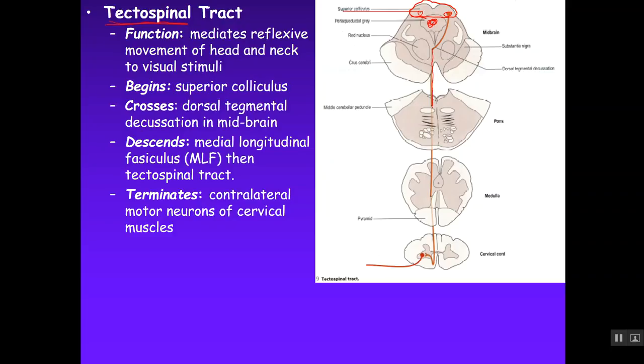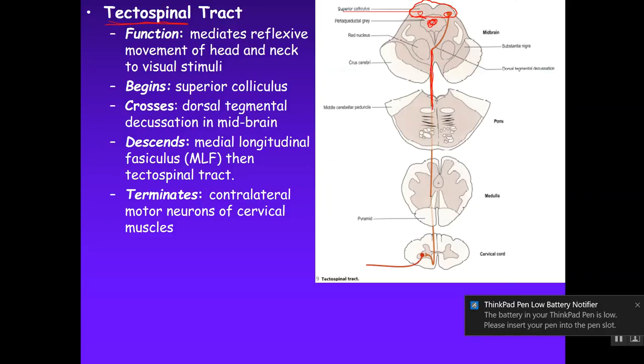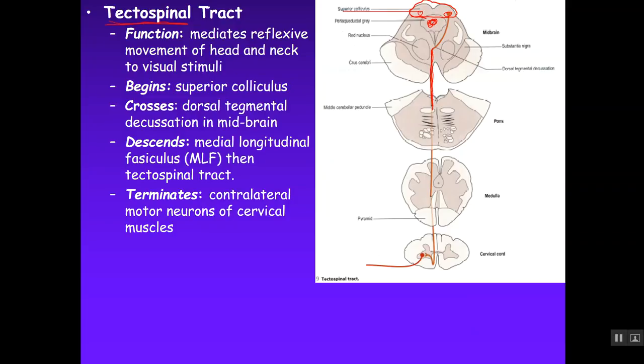It descends in the medial longitudinal fasciculus, even though it should be over here. It uses the medial longitudinal fasciculus because it's important for coordinating eye movements with head and neck movements, and you've got to have those all connected so it works properly, okay?